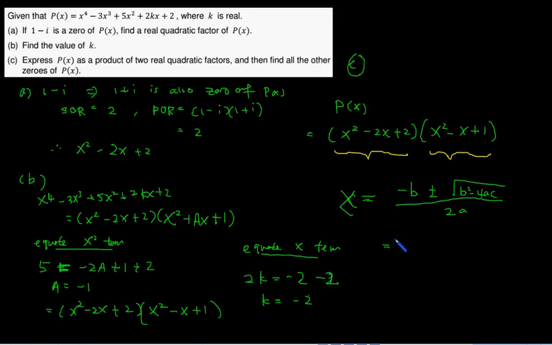If you calculate this carefully, you would get x equals one half plus or minus i square root 3 over 2. So the other zeros will be these two complex numbers, and the other two would also be zeros of this polynomial. So I hope you try the other questions, and all the best.